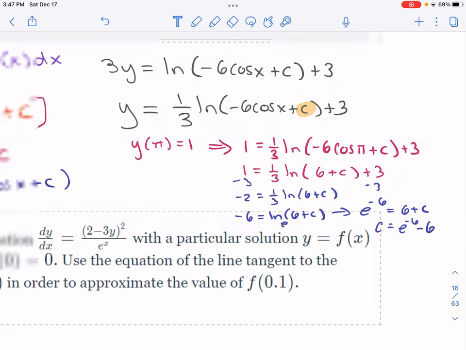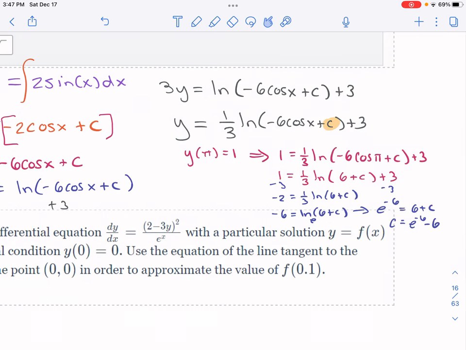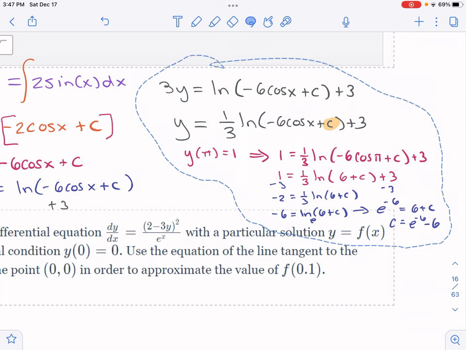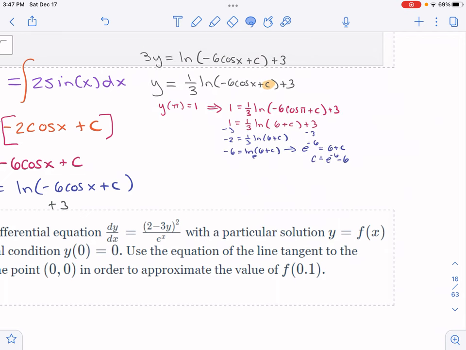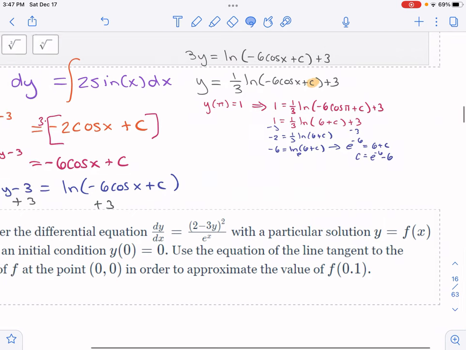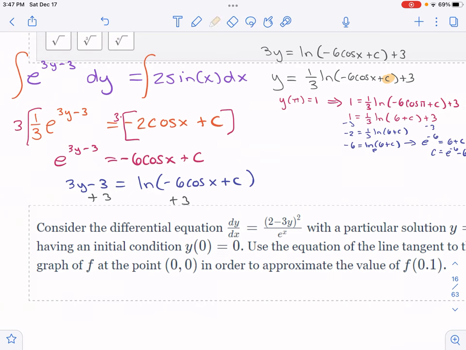So that was a lot of undoing what we did. I think the lesson here is it's usually best to solve for c early, if you can. In other words, we could have plugged in the initial condition right here, right at this moment, to get your c right away.